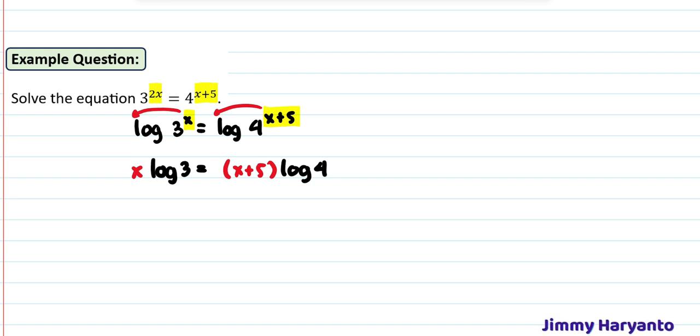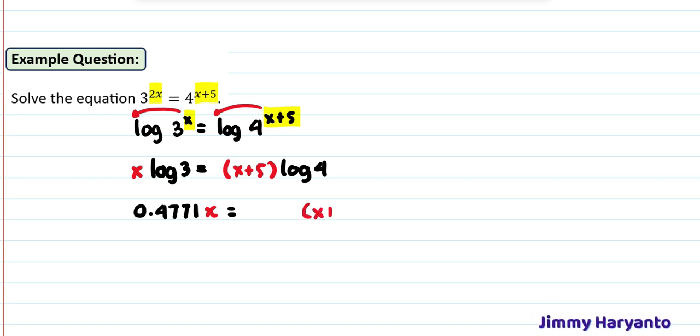Okay, because the question didn't ask you to give the answer in exact form, that means you can use your calculator to calculate log 3. Log 3 in decimal is 0.4771, and then we have x equals, let's write it like this.